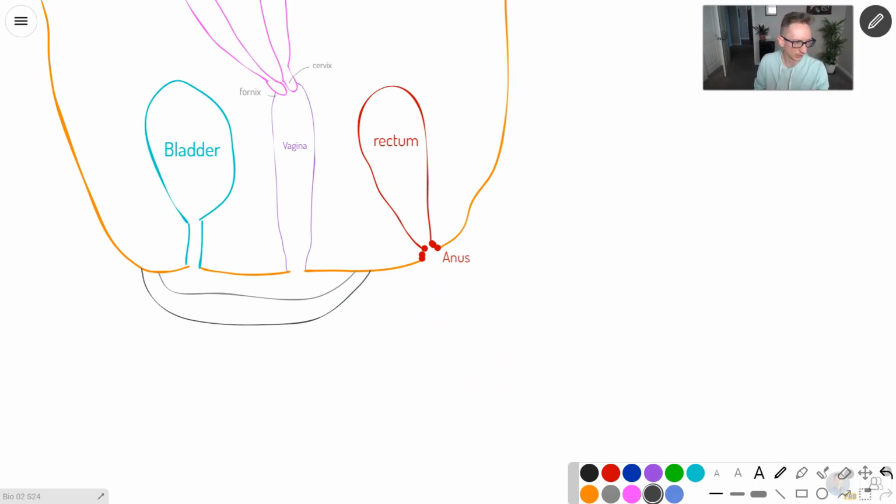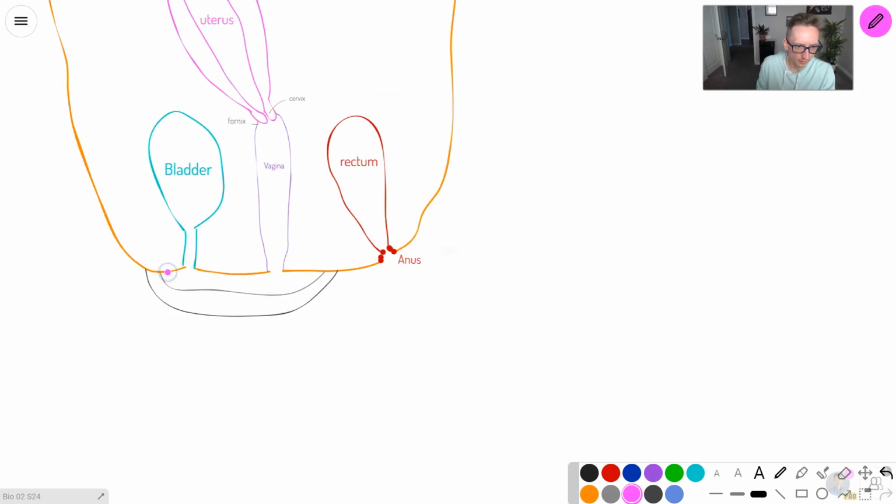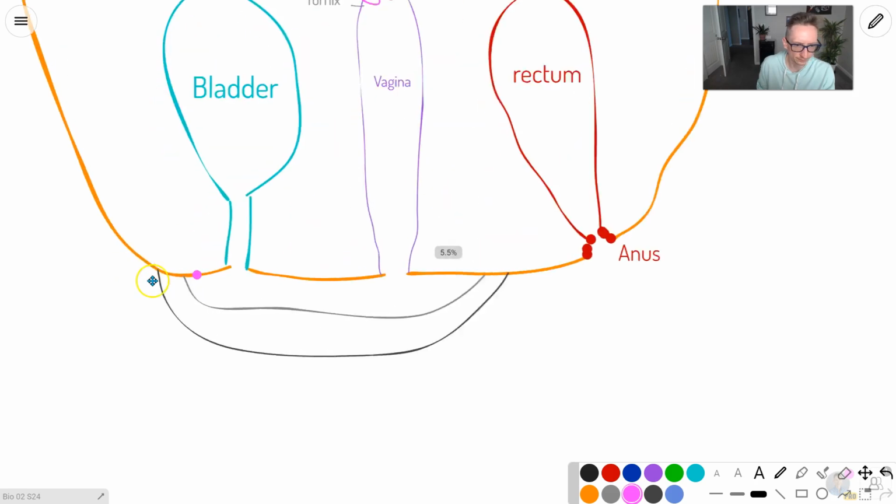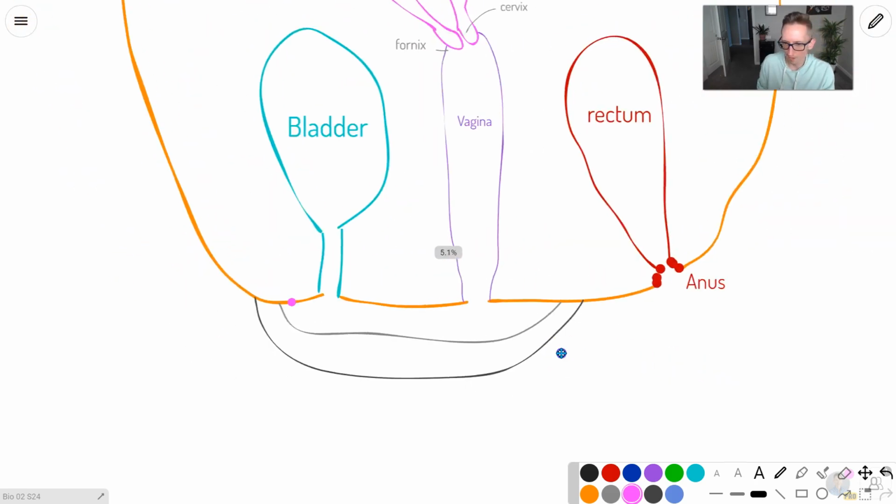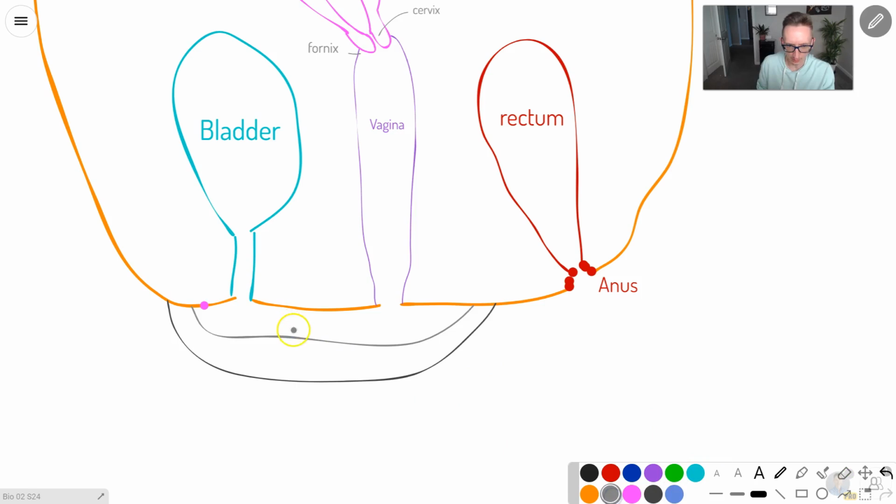Okay. And we got a little special guy right about there. Okay. All right, so this is your labia minora. Labia minora. Small labia. And this is your labia majora.